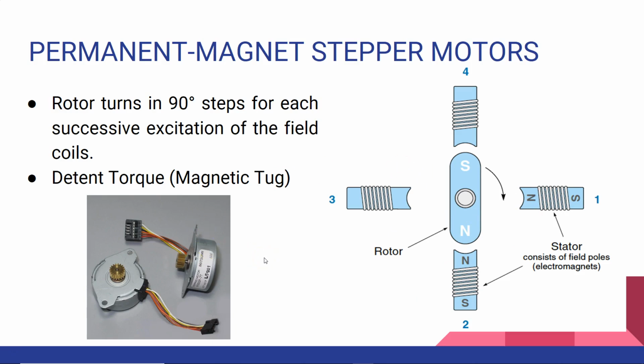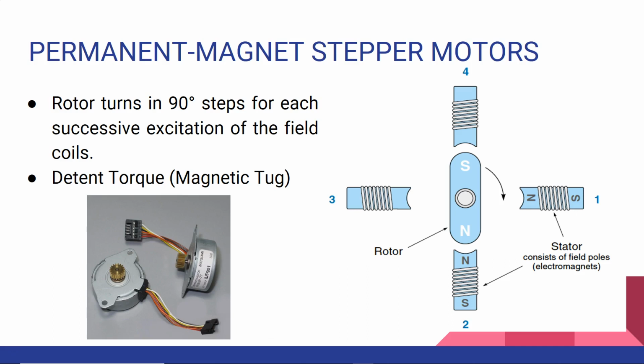Now here, one important property of the permanent magnet stepper motor is that the rotor will tend to align with the field pole even when there is no power applied to it. Because of the permanent magnet, the rotor will be attracted to the closest iron pole, due to which there is a magnetic tug which can be observed.